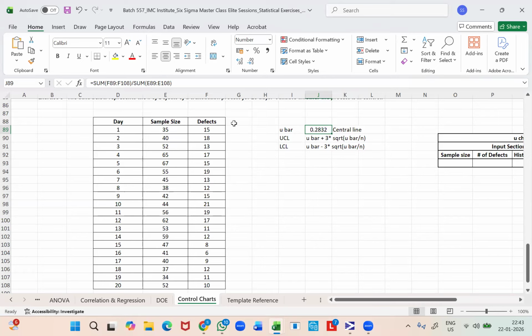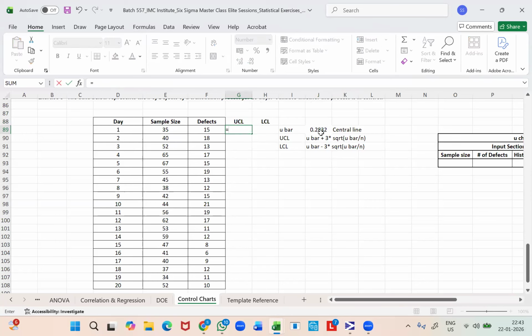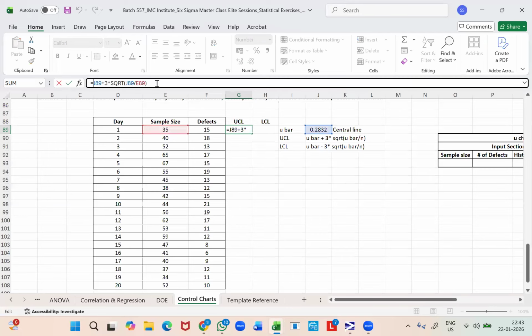Now in the same way you can calculate the UCL and LCL values for all the 20 days. So the formula is here, the manual formula. UCL will be U bar plus 3 into square root of U bar divided by the sample size. Right? So the U bar value will be constant for all the 20 days. So let me just freeze the U bar value alone, and I will allow the sample size to vary.